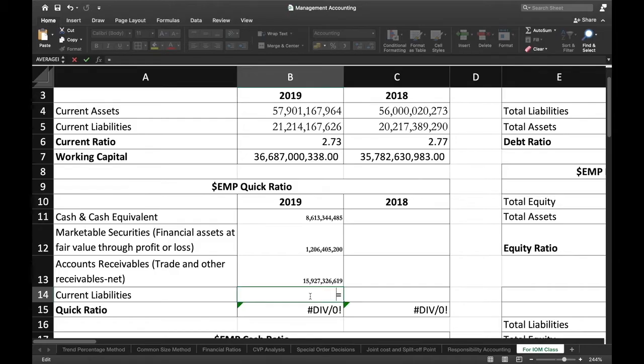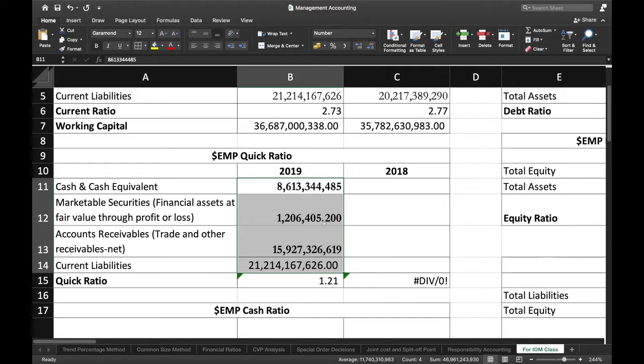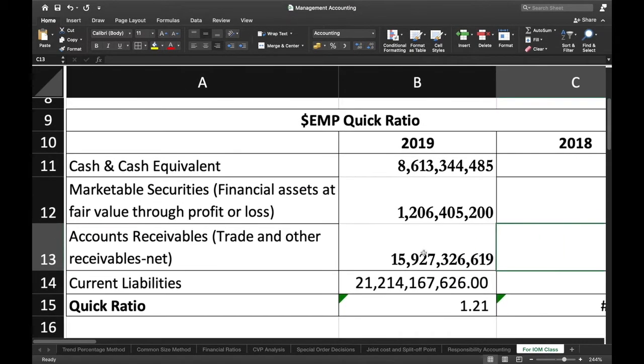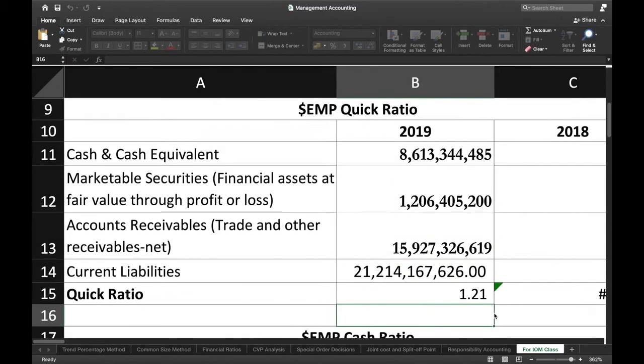Okay, now, formula. Again, ang formula based sa ating PowerPoint presentation, this is summation. So, you can see, summation ng tatlo over current liabilities, B14. So, ang quick ratio for the year 2019 is 1.21.